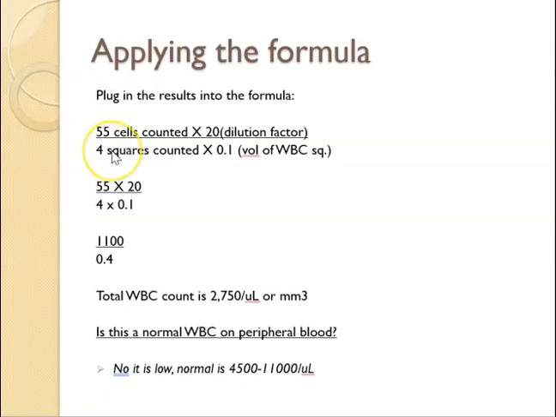She counted 4 squares on each side. And then we need to know the volume of the large white blood cell counting square, which is 0.1. Okay. When you do the math, 55 times 20 is 1,100. 4 times 0.1 is 0.4.